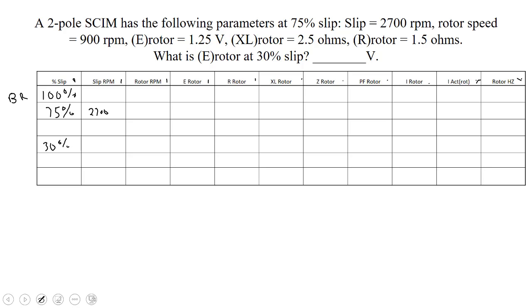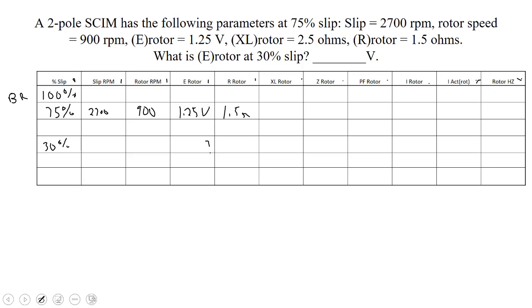The actual speed of the rotor is 900. We've got a voltage of 1.25 volts. The resistance is 1.5 ohms. And it's asking us to figure out what the rotor voltage is at 30% slip. So it wants to know this.